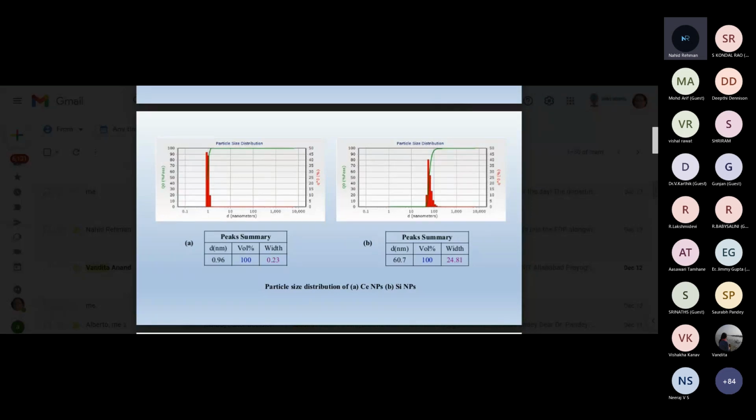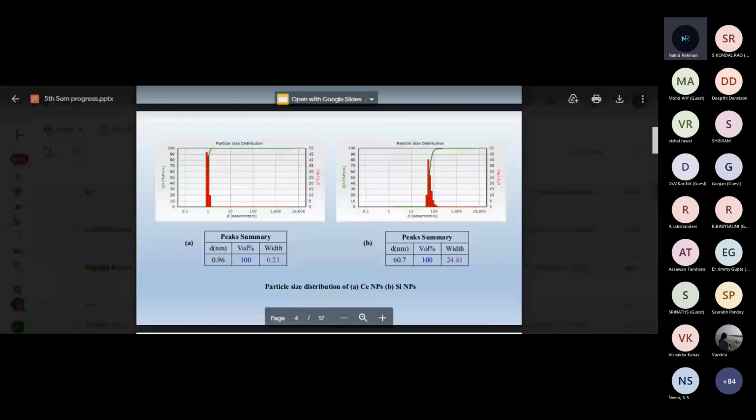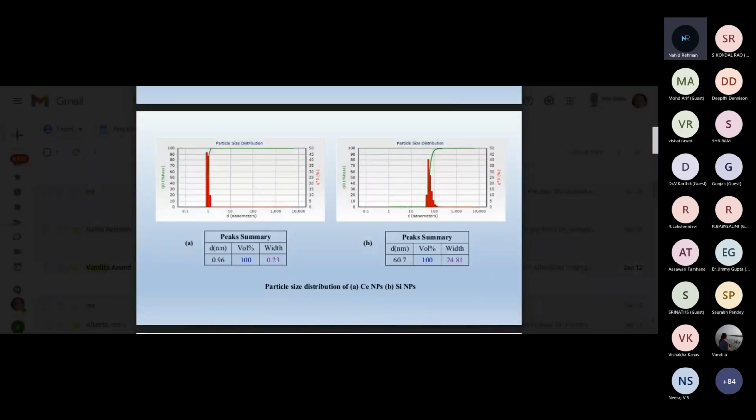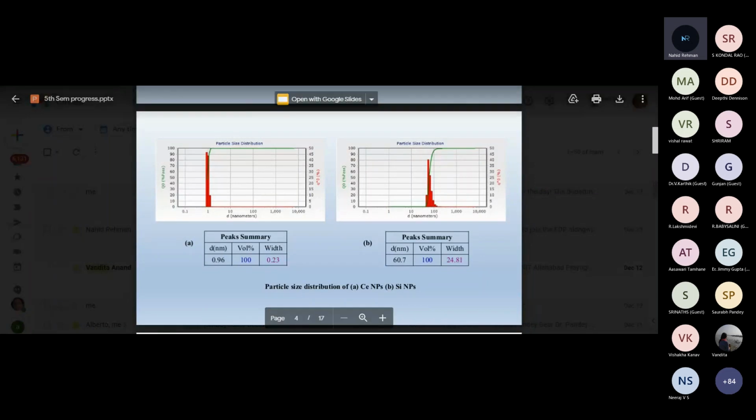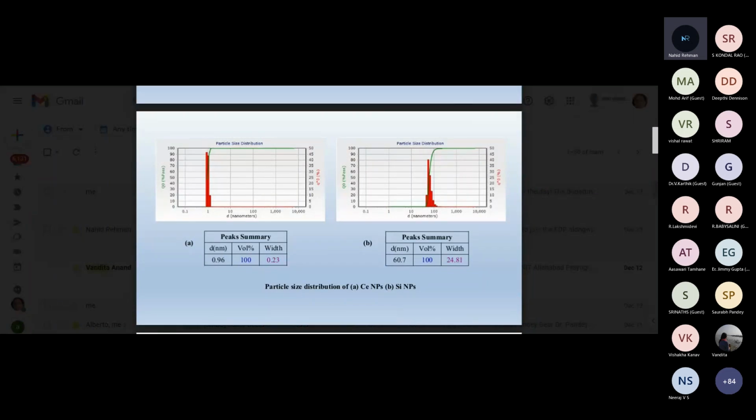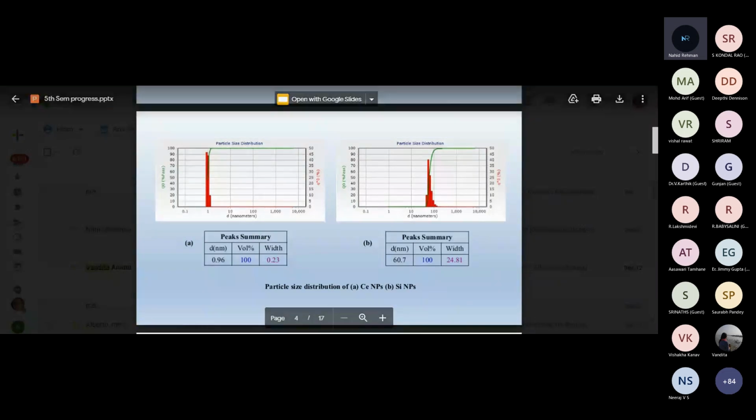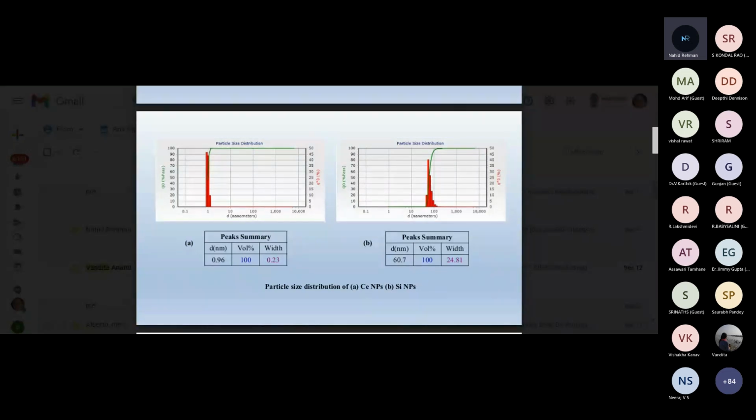And here you see that more than 90% of the particles are of the same size, but on the x-axis you can see the distribution here. If you compare these two slides, you will see that here the distribution of particle size is narrow, whereas in this case the distribution is quite big.